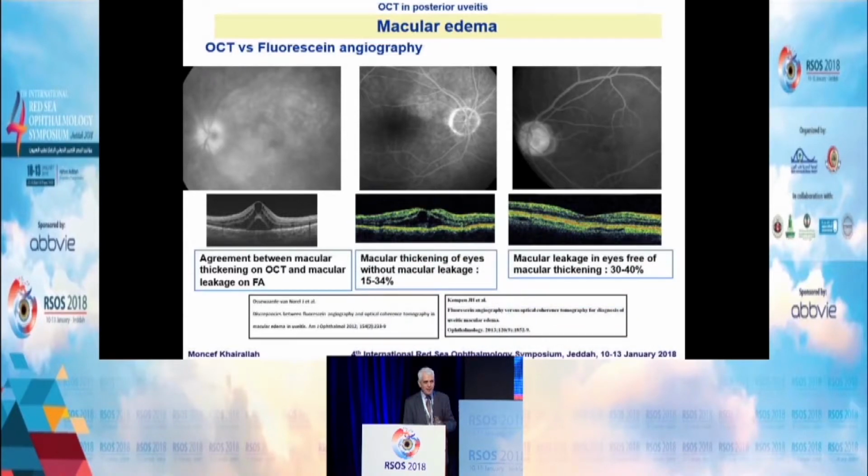However, there may be disagreement between OCT and fluorescein angiography: macular thickening without fluorescein angiography leakage, or macular leakage without macular thickening. So, fluorescein angiography and OCT should be used as complementary rather than redundant tools.